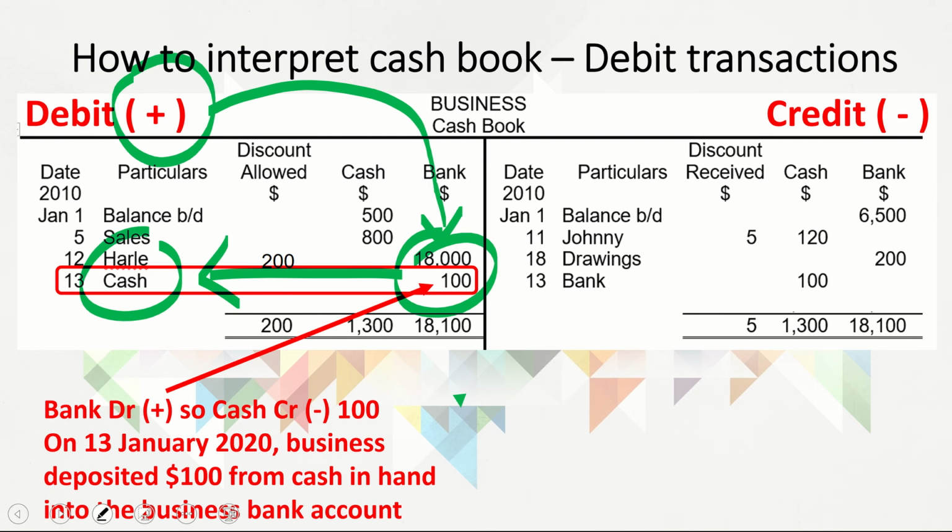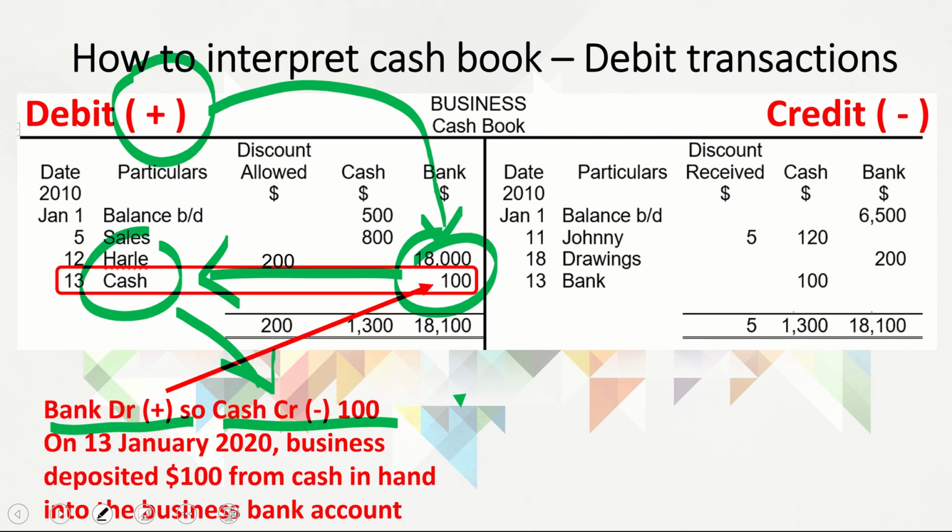Basically, the bank increase debited. So the other account, which is cash in hand, must have credited $100. So it's basically taking money from your cash in hand to put into your cash at bank. You can write on 13th of January, the business deposited $100 from cash in hand into the business bank account.